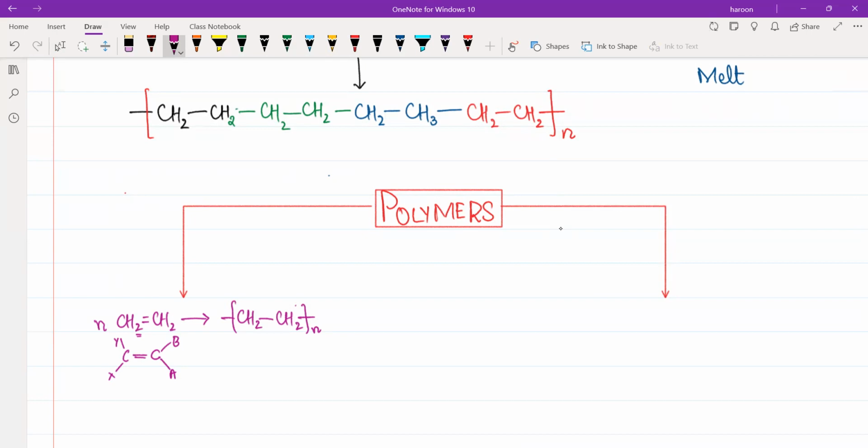Now, what is condensation polymerization? These are addition. Second one is condensation. What is the meaning of condensation? The reaction forms water. No. Why are you making a limit on it?